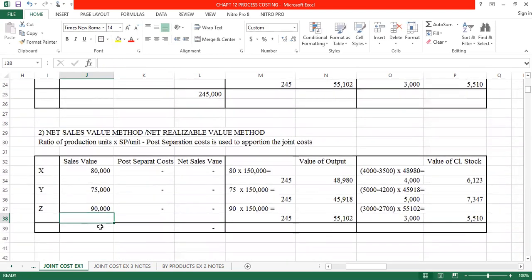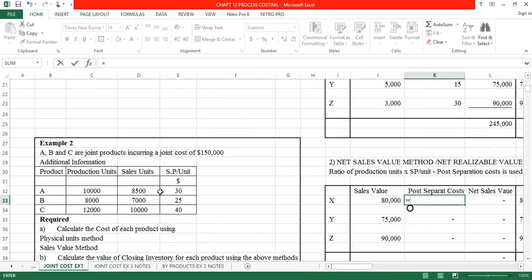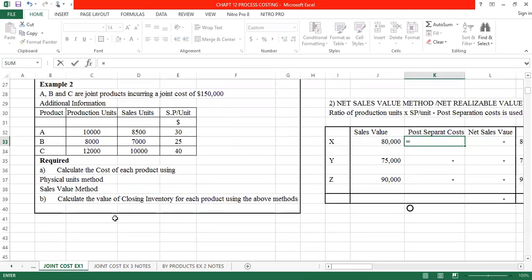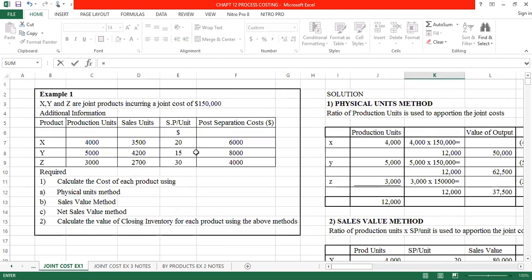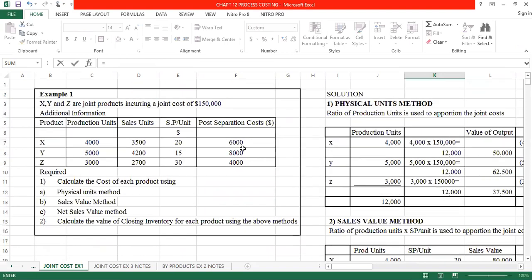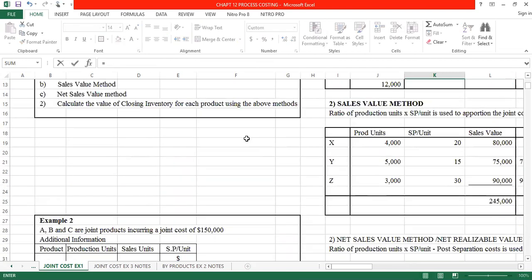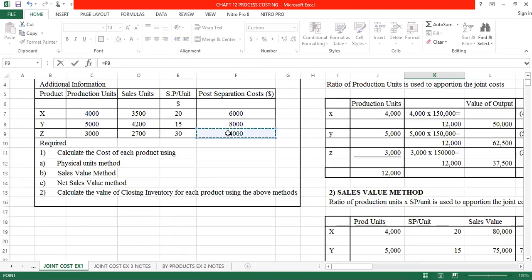So post separation cost is in the equation, and it is given, 6,000.